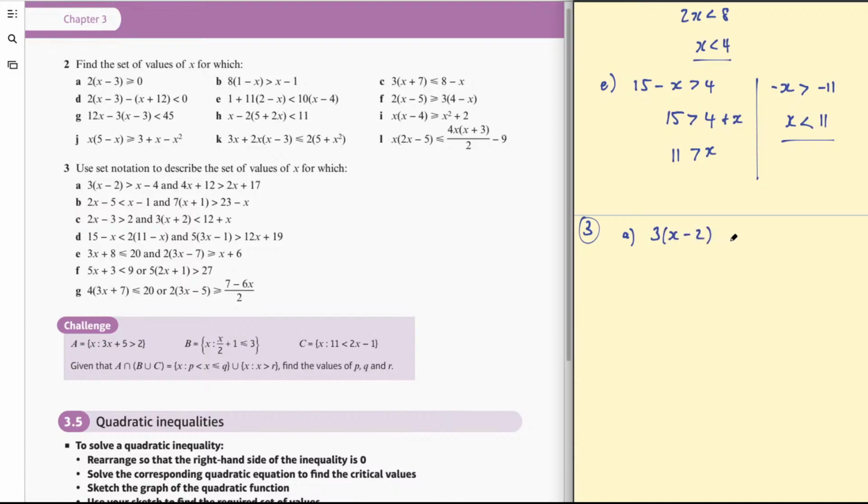3 multiplied by x take 2 greater than x take 4, and we have another one, 4x plus 12 greater than 2x plus 17. So actually, I'll move this down a little bit.